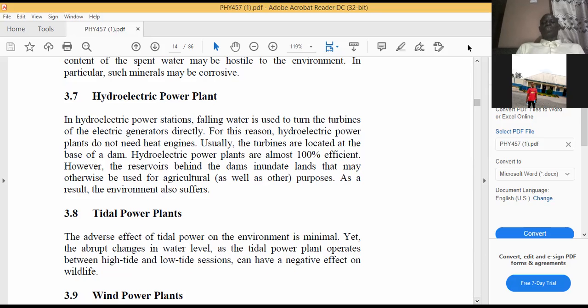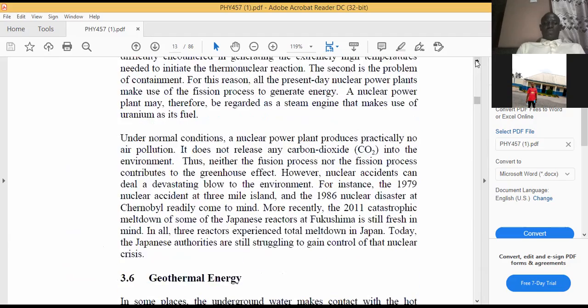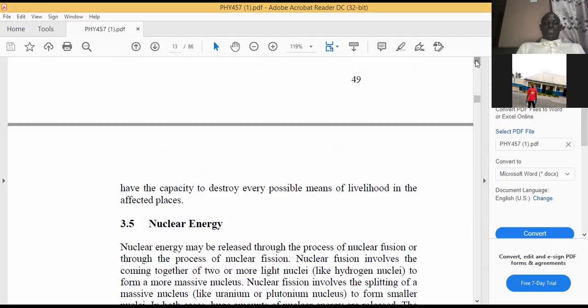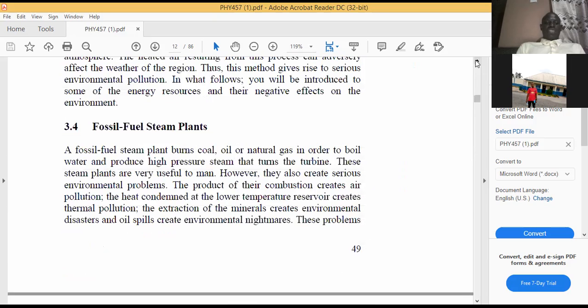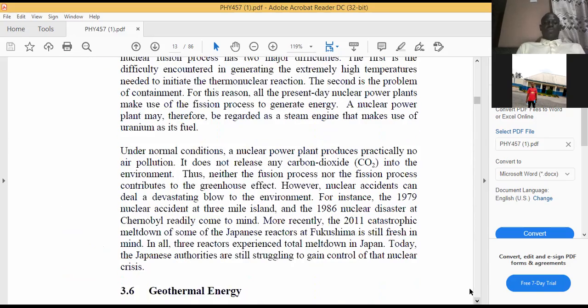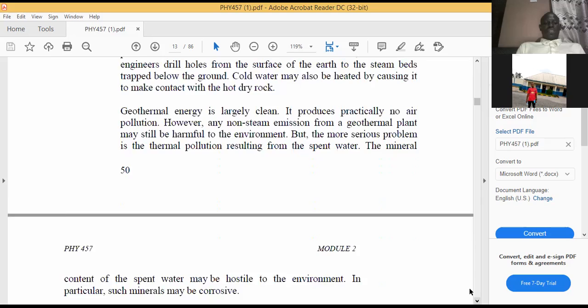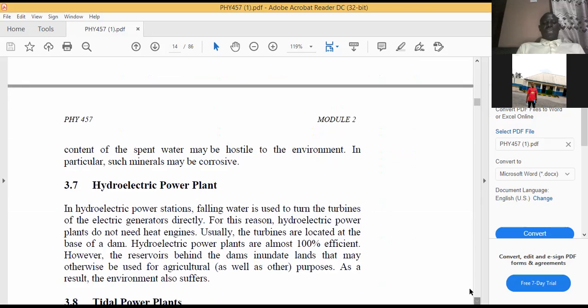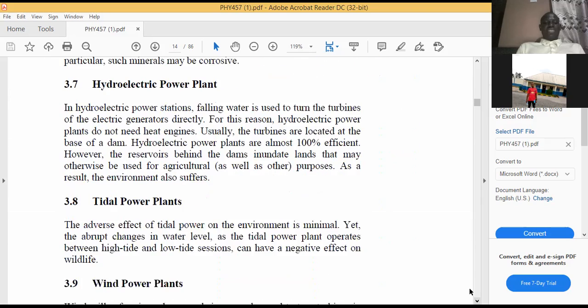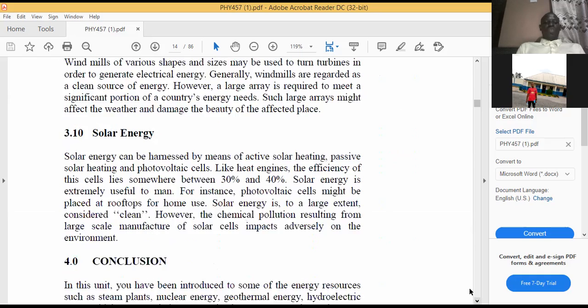So can you write down the seven now? Yes, sir. So you can write the first one is the nuclear energy, the geothermal energy, hydroelectric power plants, tidal power plants, wind power plant, and the solar energy.